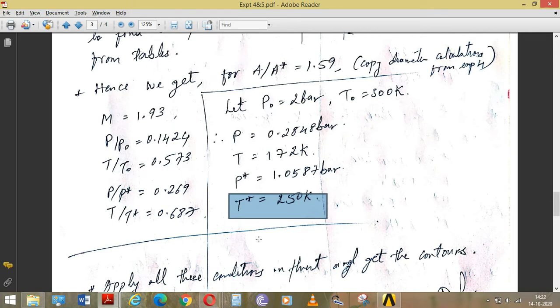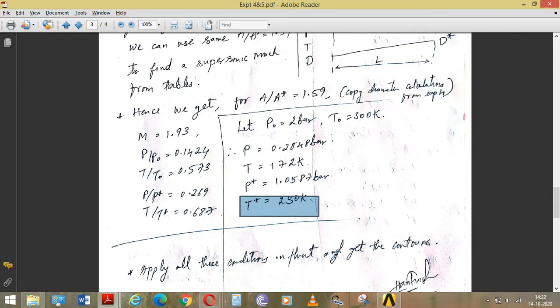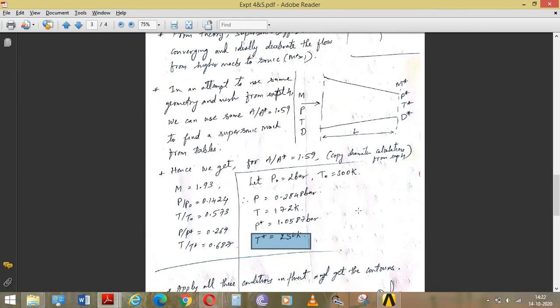So what values do we need among these in ANSYS Fluent? We apply all these conditions in Fluent and get the contours. This is the duct, right? In Fluent, we have named this as inlet, outlet, wall and symmetry. Inlet conditions: we have to put the gauge total pressure, which is the stagnation pressure, and the supersonic or initial pressure, this P. We have to put both values.